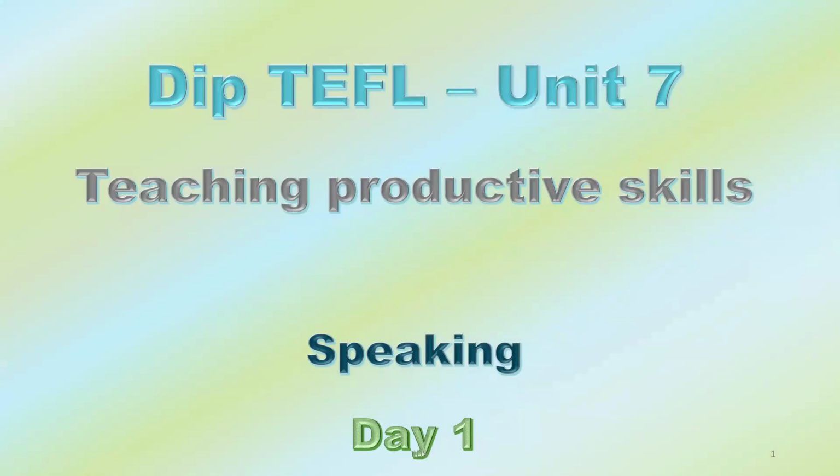Under productive skills, we have the speaking and writing skills. Two skills through which we produce information. One is through speaking, and the other one is through writing. Not about both skills, but we will be handling the speaking skill.